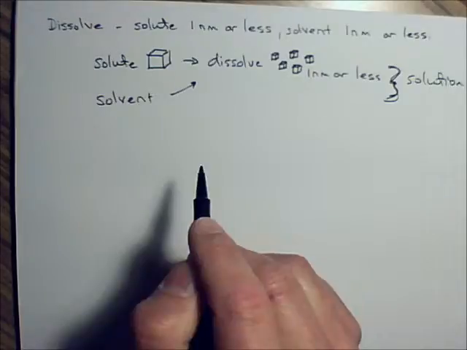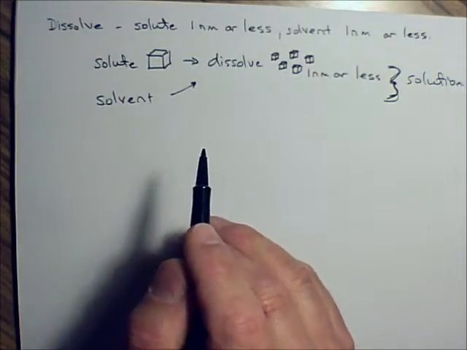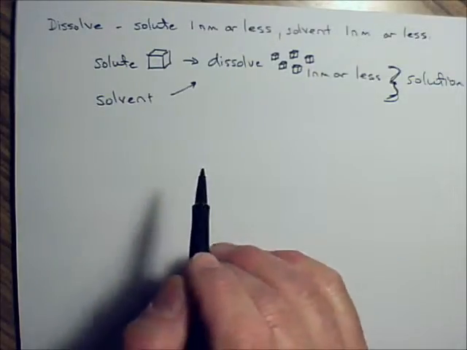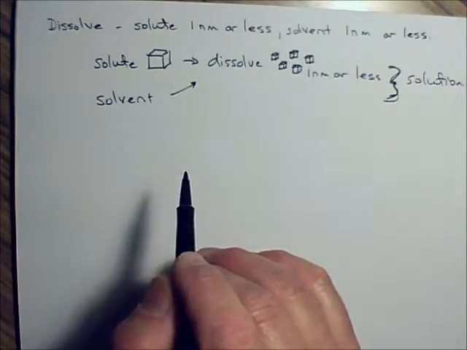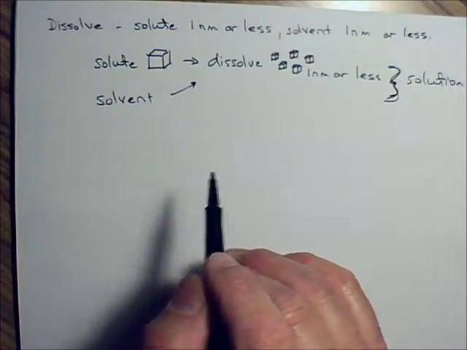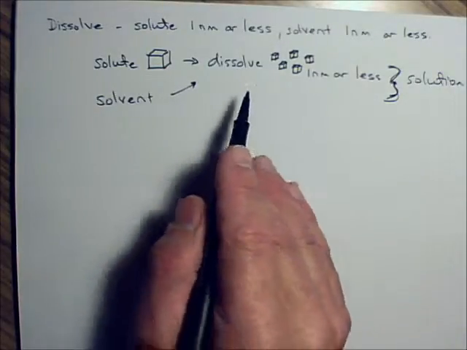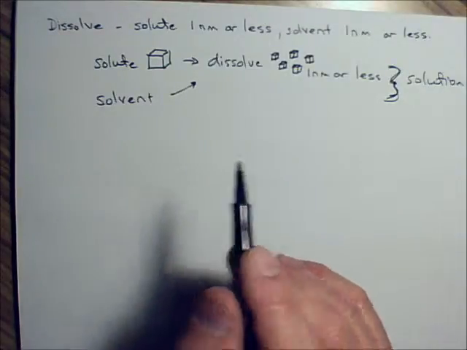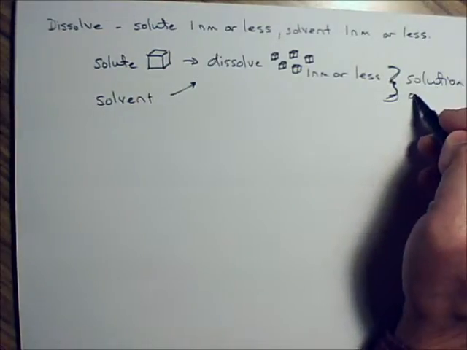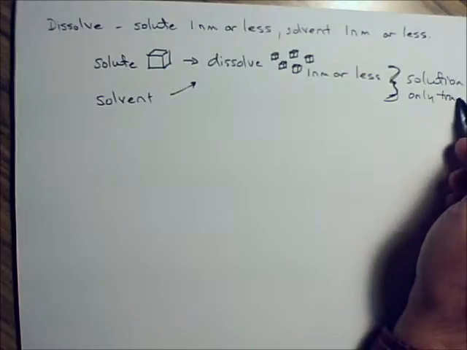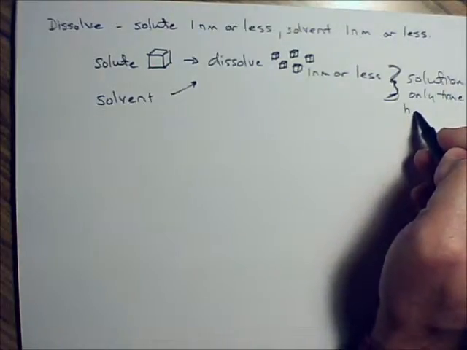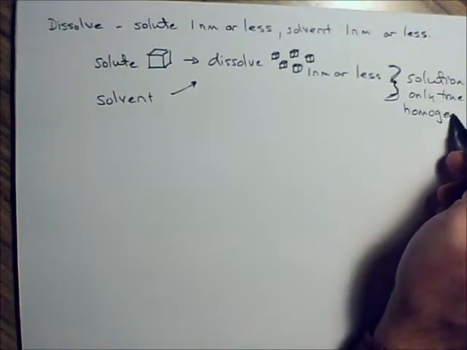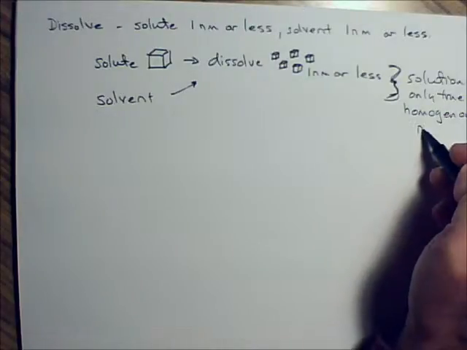And only when you have that nanometer or smaller size for the particles do you have a solution. And to a chemist, a solution with those particles down to the nanometer size or smaller is the only true homogeneous mixture.